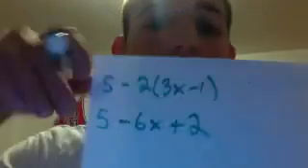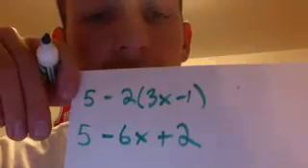So hopefully you have completed the problem. I'll rewrite the first one down, give myself a little bit of space to do it this time. My first step is that I'm distributing -2. That is the key. After you distribute the -2, you should get -6x.